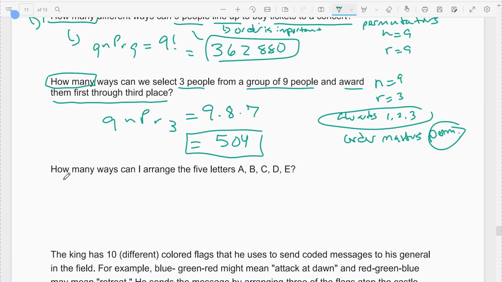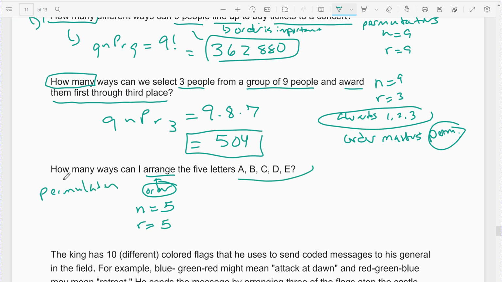How many ways can I arrange the 5 letters A, B, C, D, E? Arrange. Order. That's what it means. How many ways can I order them? Order is important. Alright, so I'm ordering 5 letters, and I'm ordering them in 5 spots. So this is a 5, choose 5, as if it's a permutation, because order matters.